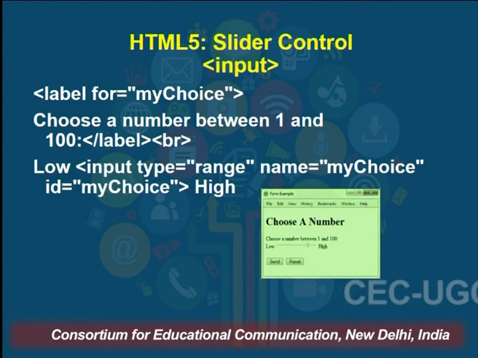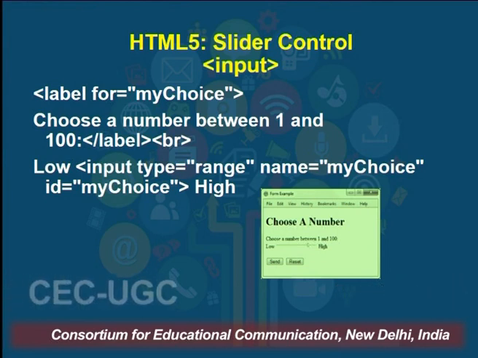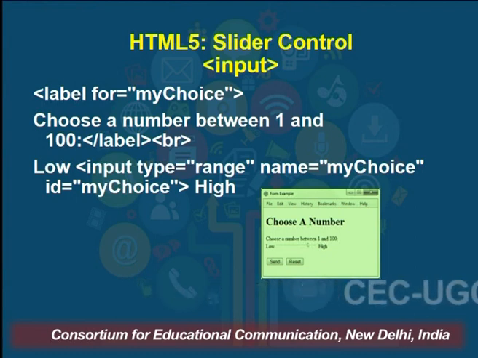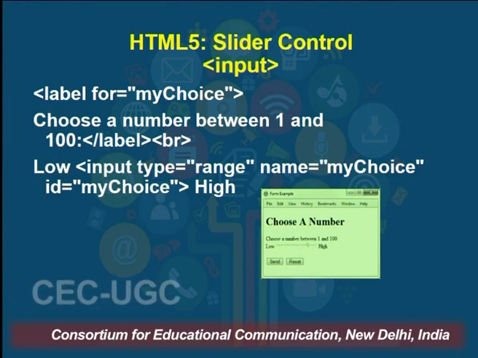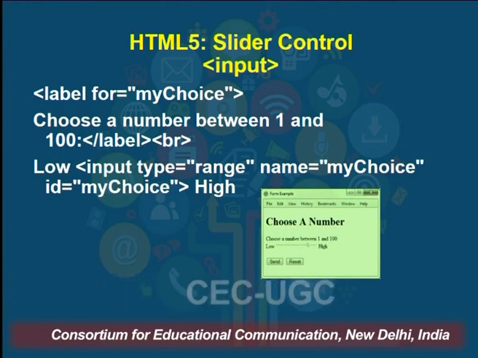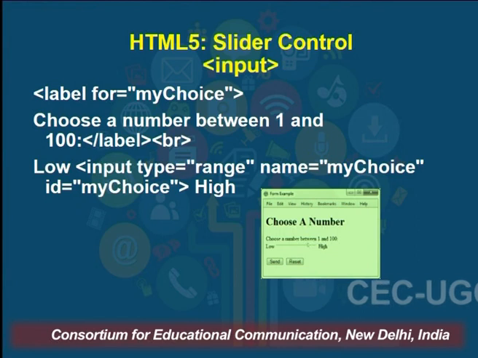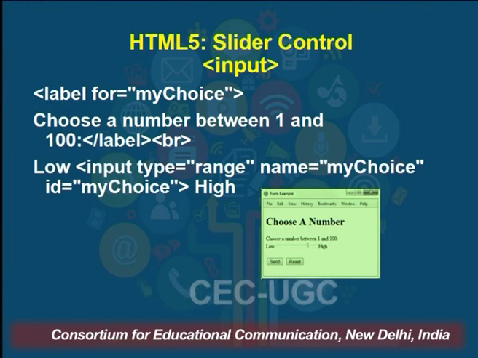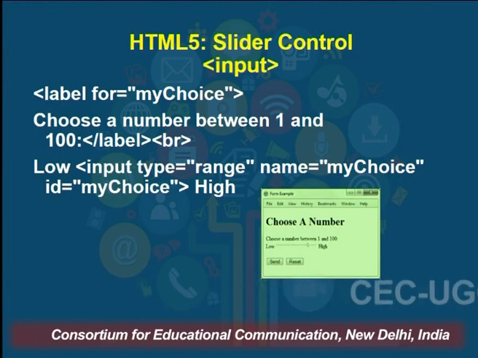You will write input type is equal to range. You will give a name to it, say my choice. You will give an ID to it, and you will give two ends, low and high. You can give any number also. You can give 1 to 5, or you can give 10 to 100. Any number can be given in it, but a slider control is going to appear for this.